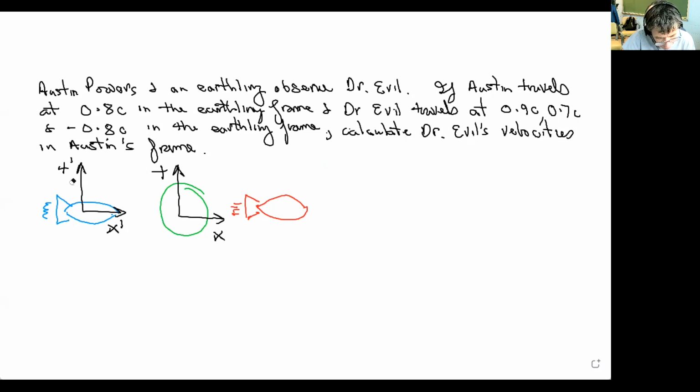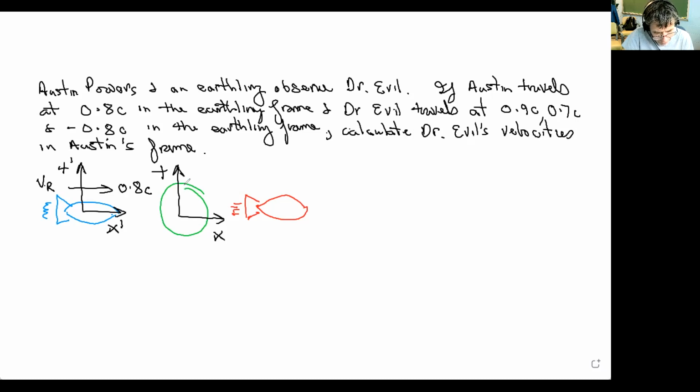Now we're told in the problem that Austin and his spaceship are observed to be moving towards the right at a speed of 0.8 times the speed of light. So let me add that velocity here. This is the relative velocity of Austin Powers' reference frame with respect to the Earthling reference frame, and it's 0.8 times the speed of light.